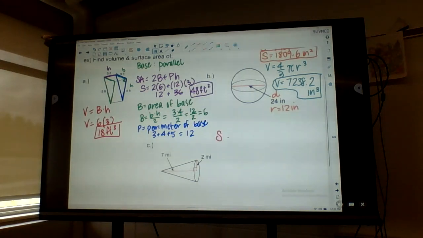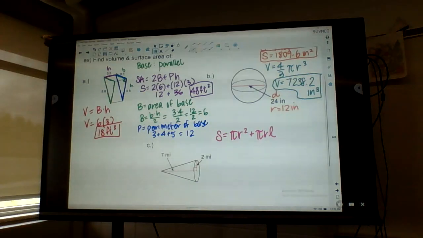For our cone, our surface area formula is pi r squared plus pi r L. And then our volume. So I have my 2 formulas here.